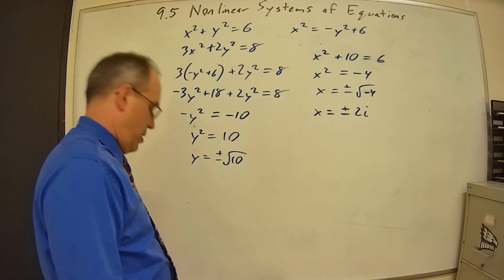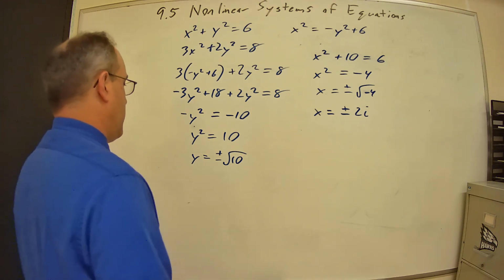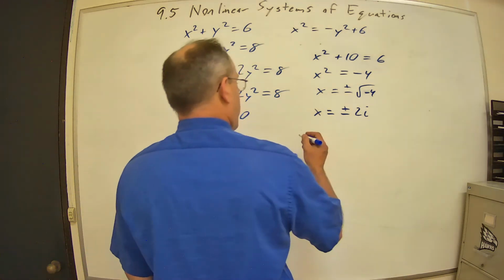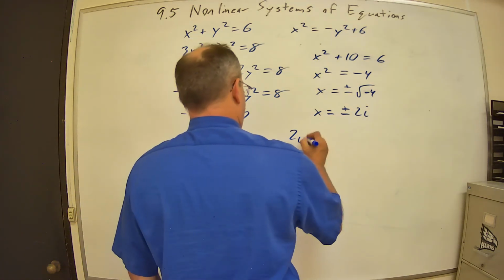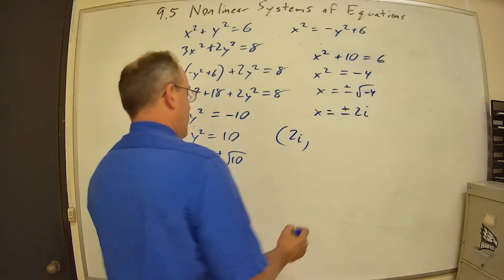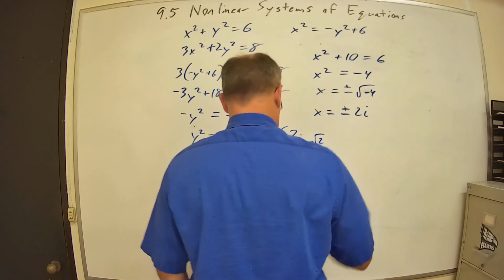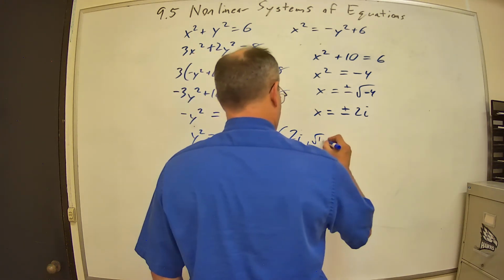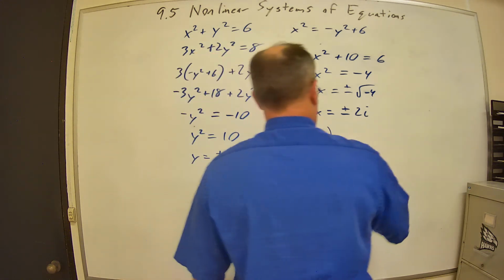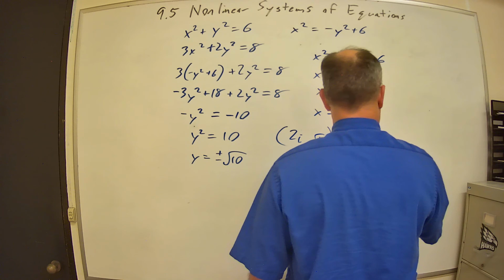So basically, what I'm looking at here is there's 4 possibilities. So I can say x is 2i, and y is the positive square root of 10. Oops, not a 2, a 10. X is negative 2i, and y is the square root of 10.